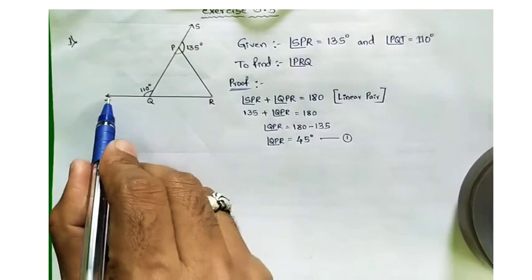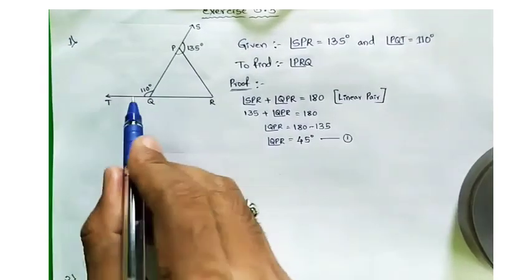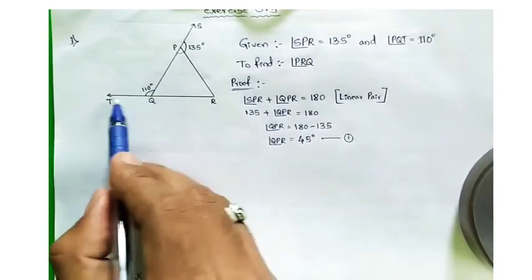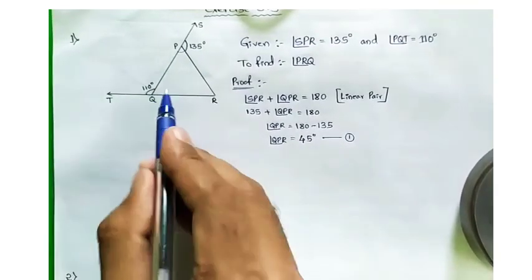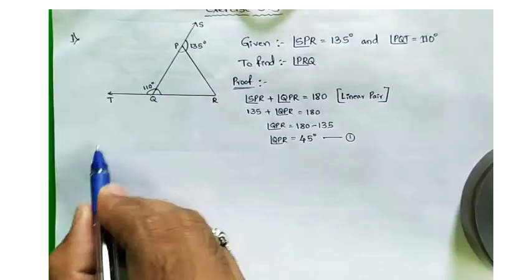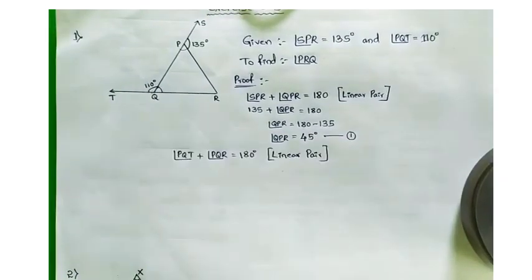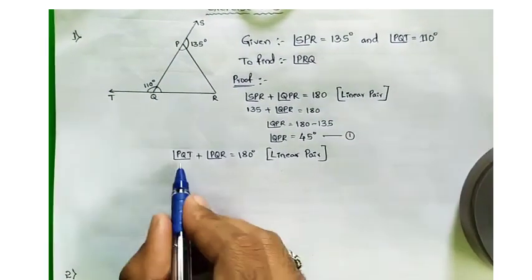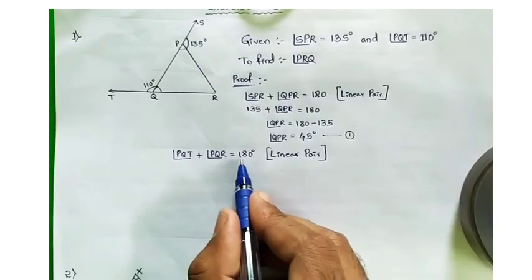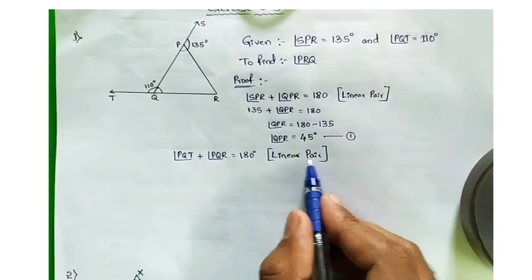Similarly, on the line TR, observe here what they given? PQT they given, and PQR is another adjacent angle. So if you add these 2, again you will get 180 degree. So here PQT plus PQR equal to 180. The reason is linear pair.